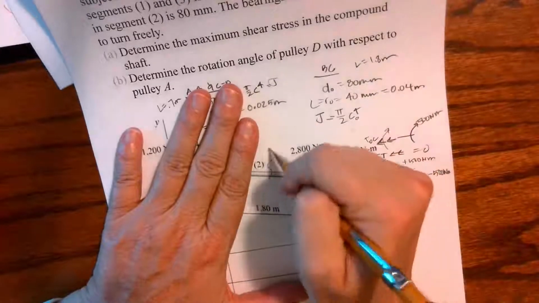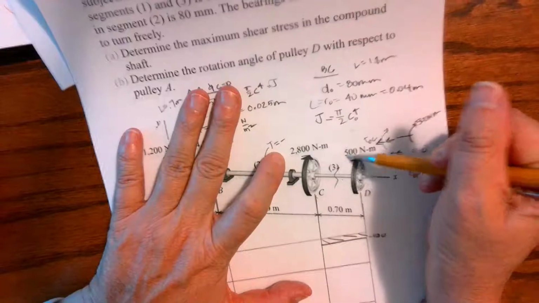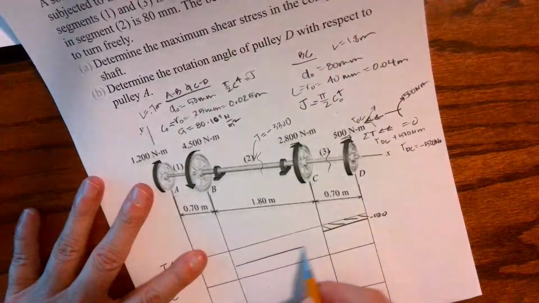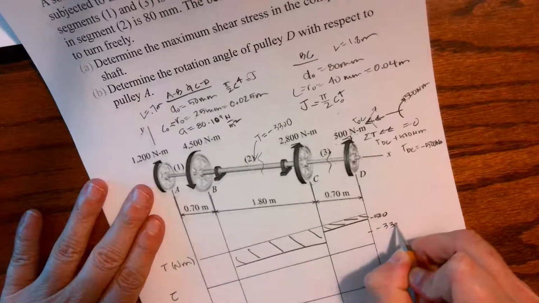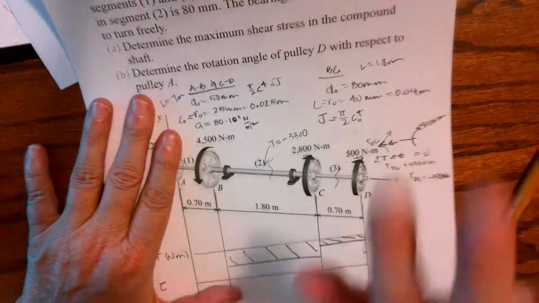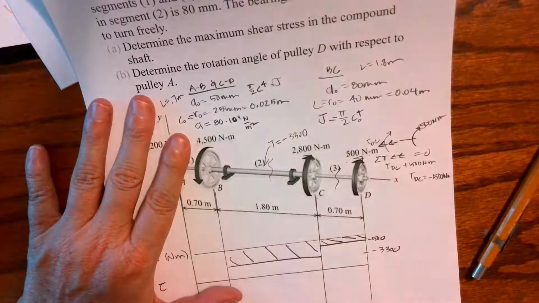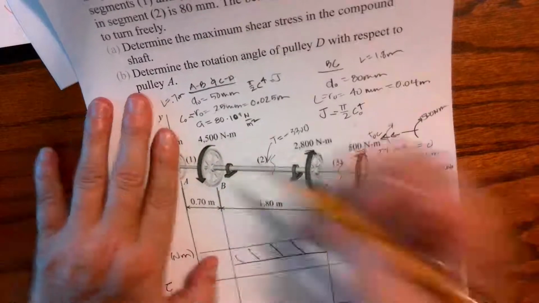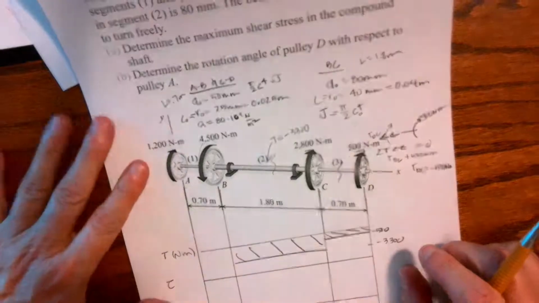So I'm going to have an internal torque here of negative 3,300. So I can draw that right here. Negative 3,300. I can either continue to go across and have negative 500, negative 2,800, positive 4,500, and I'm going to find that I have an internal value of 1,200 in order to keep this system in check.